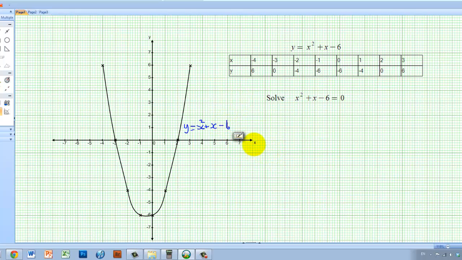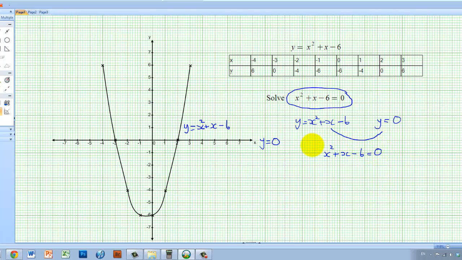Do you recall what is the equation of the x-axis? Yes, it is y equals to 0. In order to solve this equation, we will equate y equals to x squared plus x minus 6 with the graph y equals to 0. Because if we equate these two equations together, we will have x squared plus x minus 6 equals to 0.